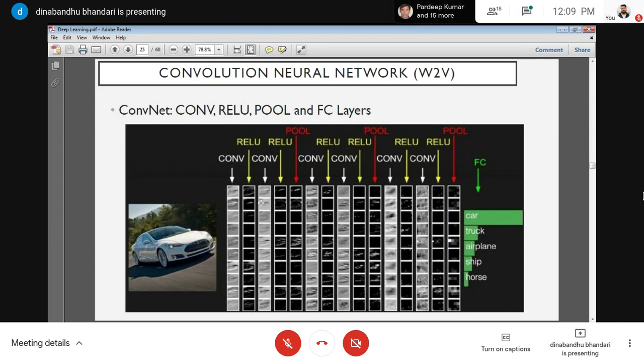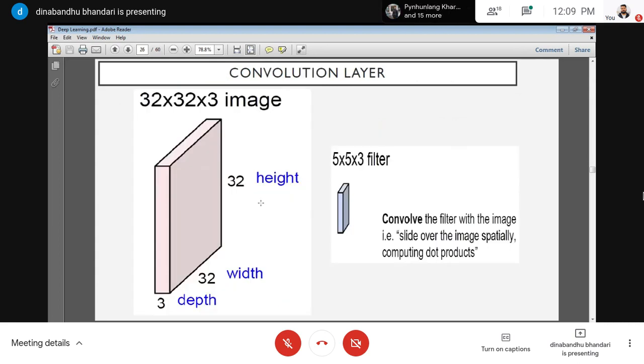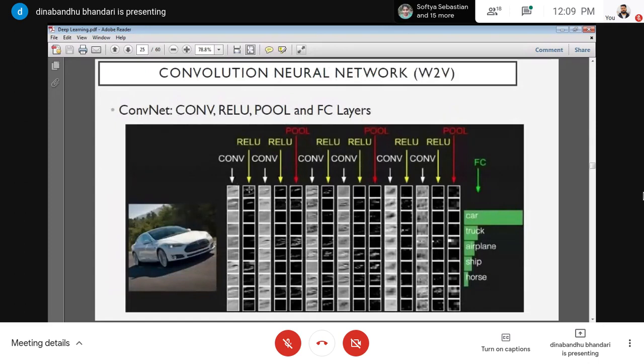They also call these activation maps. There will be activation maps, then another further activation map, and there will be a pooling layer. There are several pooling concepts, and I'll explain that. Then again a convolution layer together with ReLU, and then a pooling layer. So this type of repetition will be there.